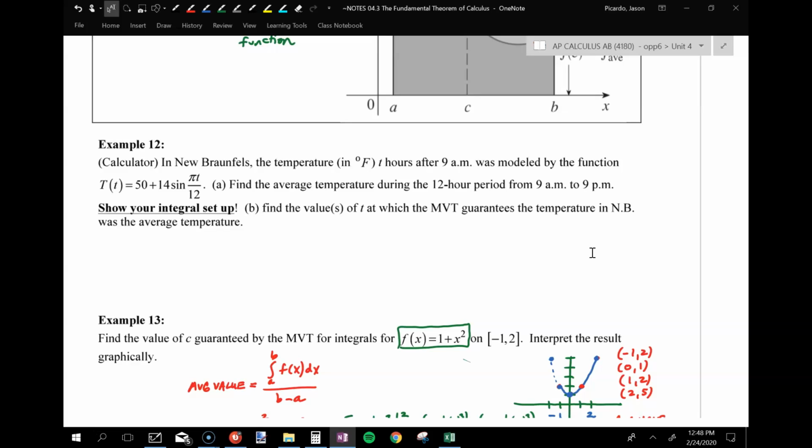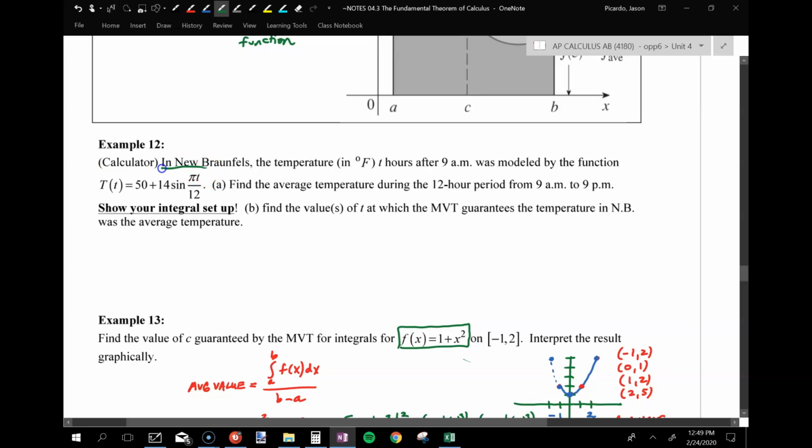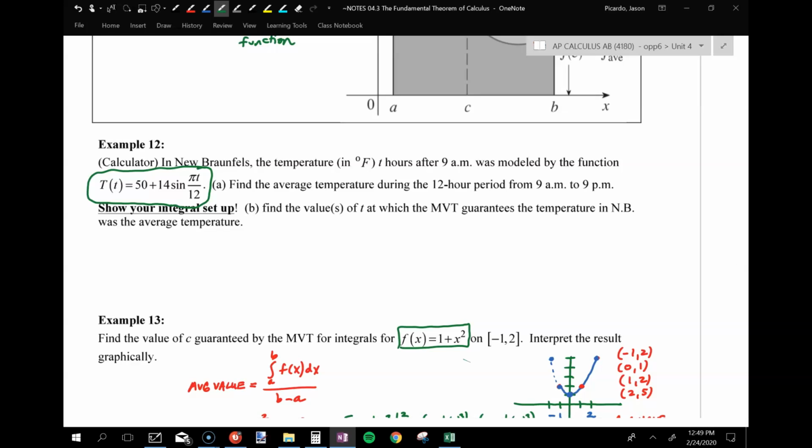How many hours, by the way, is that? 12 hours. So for 12 hours, every minute, she took a temperature. Then she put all those temperatures into her calculator, and then she did a sinusoidal regression. And the calculator spit this out as the regression model.